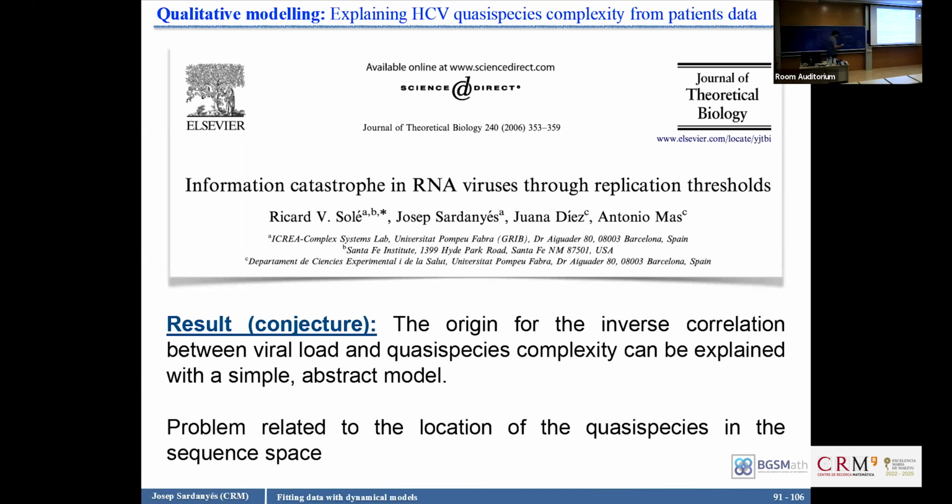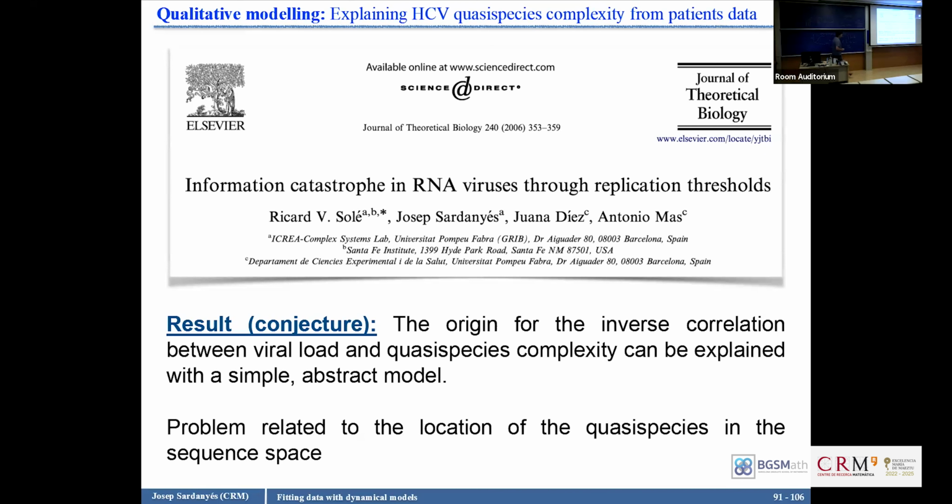Since Ricard had been working with quasi-species theory for a long time, and I also started doing my PhD on quasi-species theory, we thought that we could interpret this result in terms of the quasi-species theory. So the conjecture that we made is that the inverse correlation between the viral load and the quasi-species complexity could be explained with a very simple model.